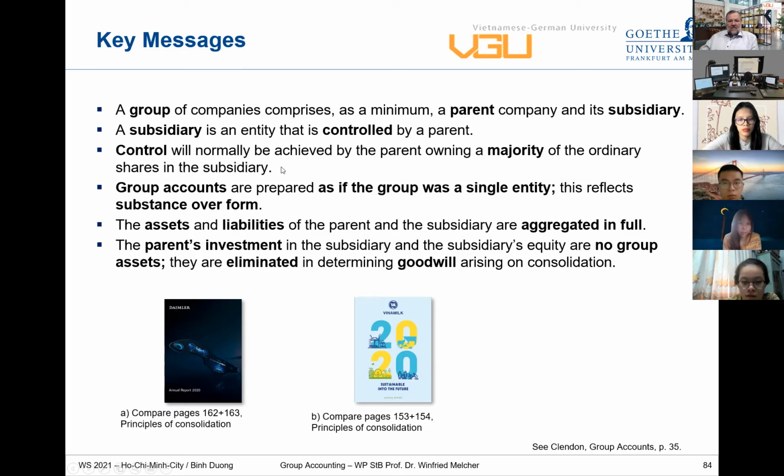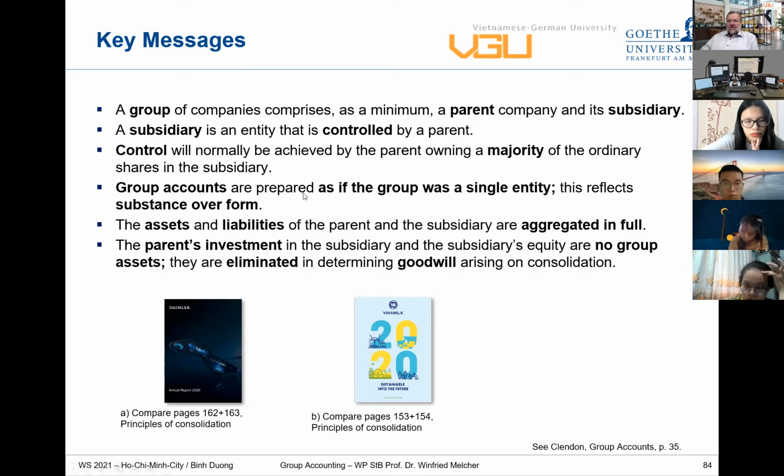Yes, we know there might be other contracts that fulfill the control requirements, but let's assume that this is, and I think mostly in practice, this will also be true, that you have control when you have the majority of the ordinary shares. Of course, when it comes to structured entities and things like that, it will be different.